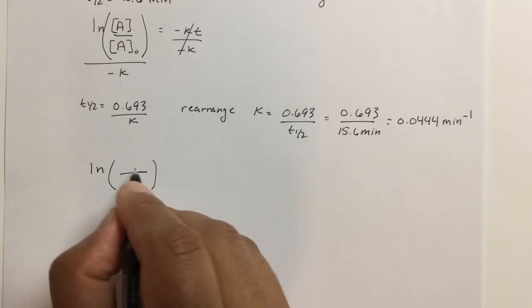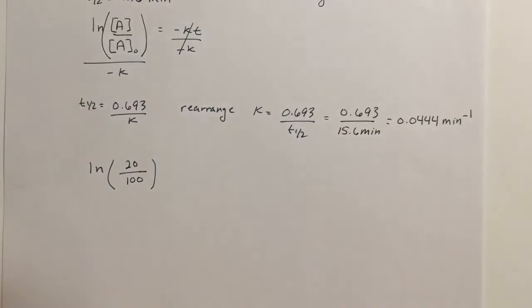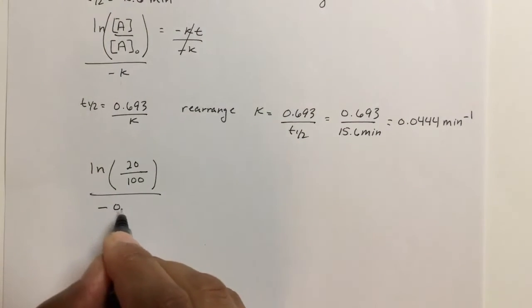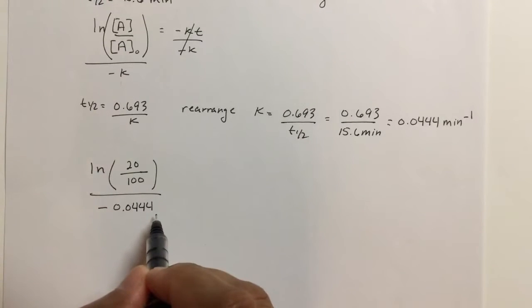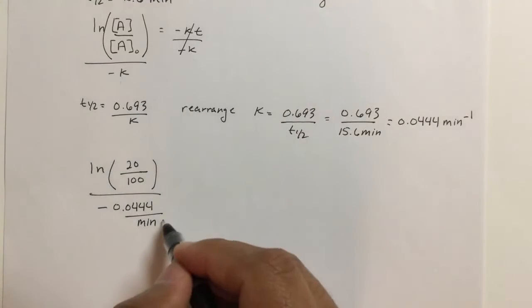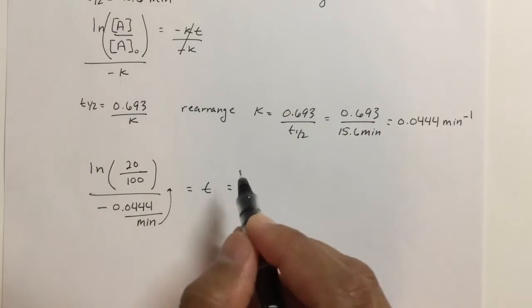All I need to know is there's 20% remaining. That's the same thing as 20 over 100 divided by negative 0.0444 inverse minute. Minutes, of course, goes up to the top, is equal to t.